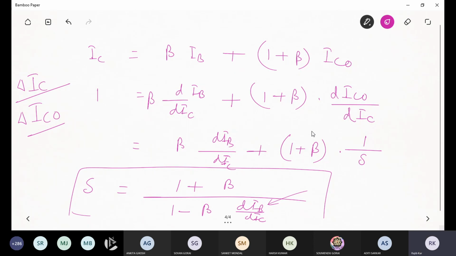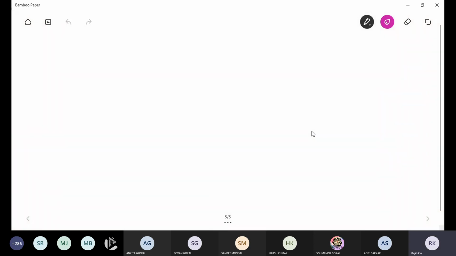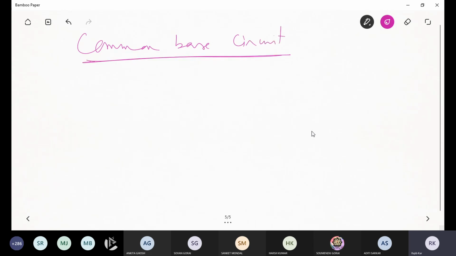Now we will apply this concept in the common base circuit. We will see what will be the stability for the common base circuit. What is the relation for the different current levels? IC equals alpha IE plus ICO.